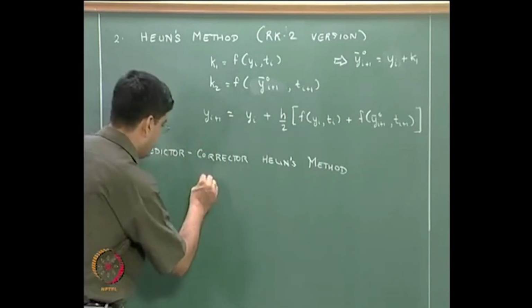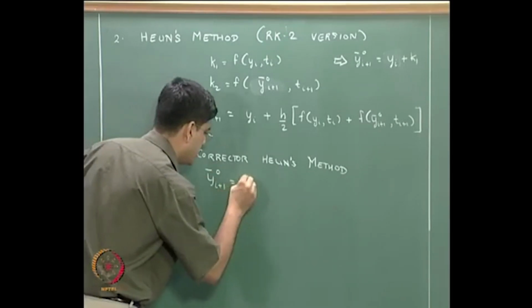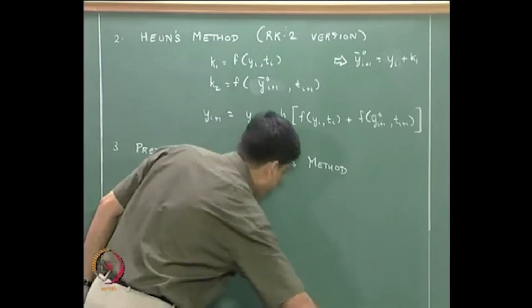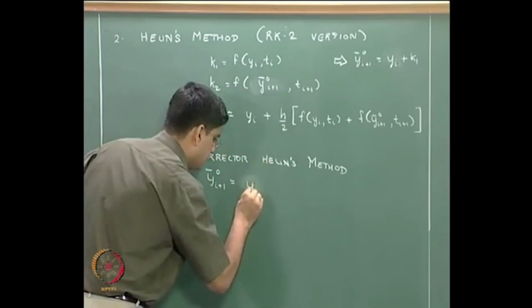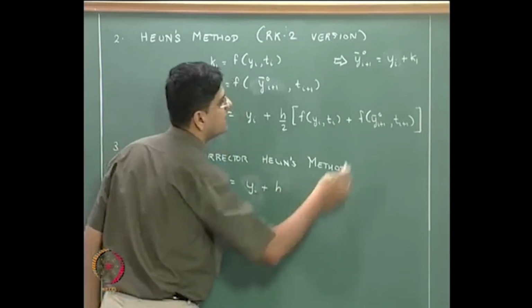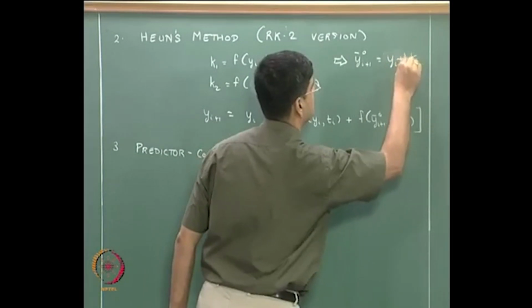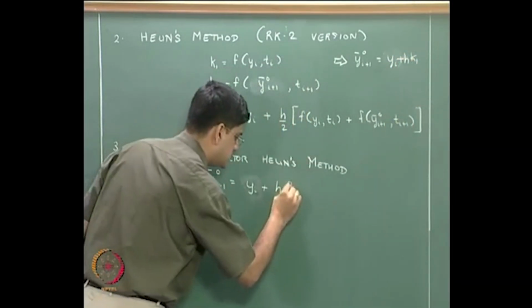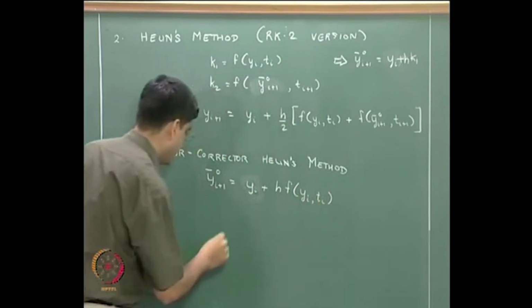So we have y_{i+1} bar 0 equal to y_i plus h times f of y_i comma t_i. I missed the h over here, so I corrected that.